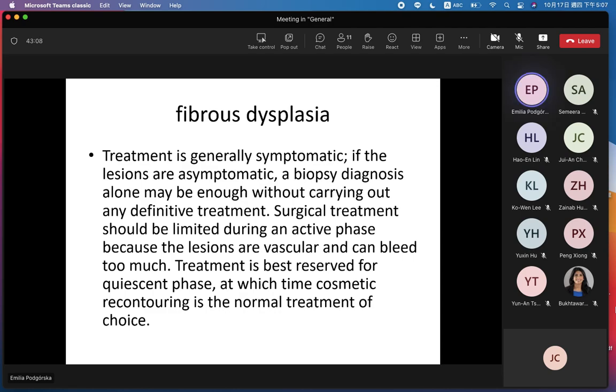Treatment is generally symptomatic. If the lesions are asymptomatic, a biopsy diagnosis alone may be enough without carrying out any definitive treatment. Surgical treatment should be limited during an active phase because the lesions are vascular and can bleed too much. Treatment is best reserved for the quiescent phase, at which time cosmetic recontouring is the normal treatment of choice.